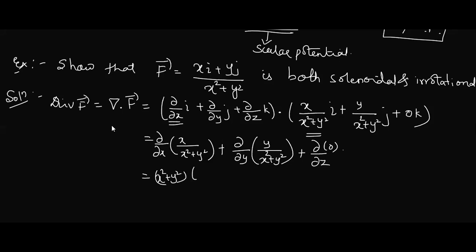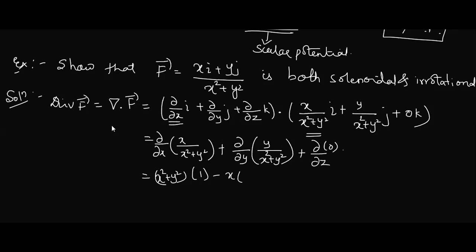Now the derivative of this numerator x with respect to x is how much? 1. Then do I write a minus or plus for the quotient rule? Minus. Now we write the numerator. Now the denominator we have to differentiate with respect to x.